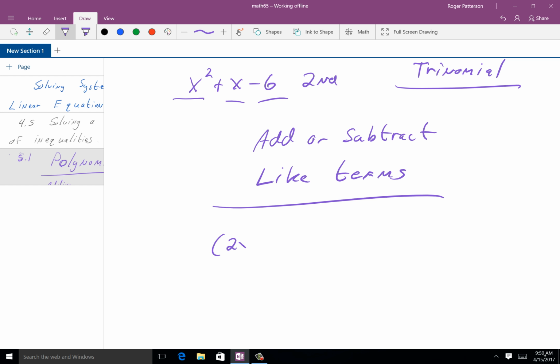So we're foiling. First times first. What is that going to give us? 6x. It's got to be negative. Well, 6x squared. Okay? And then we're going to go to the negative 4. What's that going to give us? 8x. Good. Now we're going to go here. So what's that one? Minus, this is a 5.